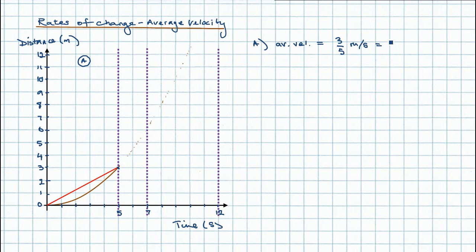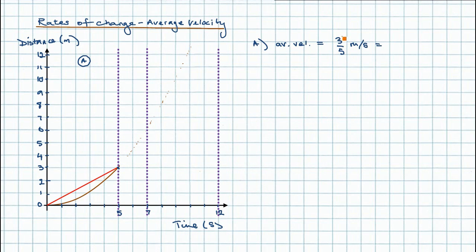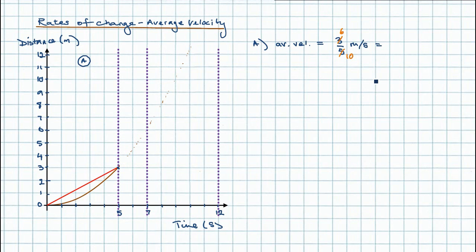Well, if I think of it as 6 divided by 10, if I double it, that might be an interesting way of doing it. So if I double it to 10, then I've got easier figures to work from. And 6 divided by 10, of course, is 0.6 meters per second. So my average velocity over this period, represented by the red line, is 0.6 meters per second.